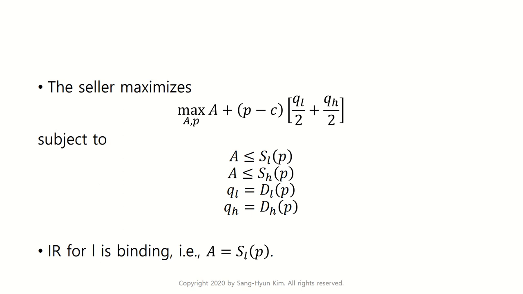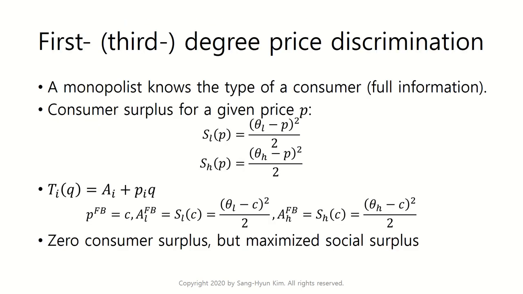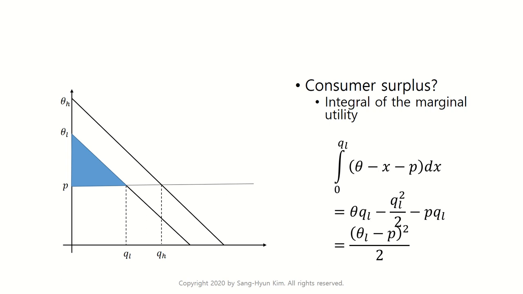The reason is that for any given price P, SL must be smaller than SH. You can see that clearly in this diagram. So the area of the blue triangle must be smaller than the larger triangle, right? For any given price, the consumer surplus of the low type consumer is smaller than the consumer surplus of the high type consumer.